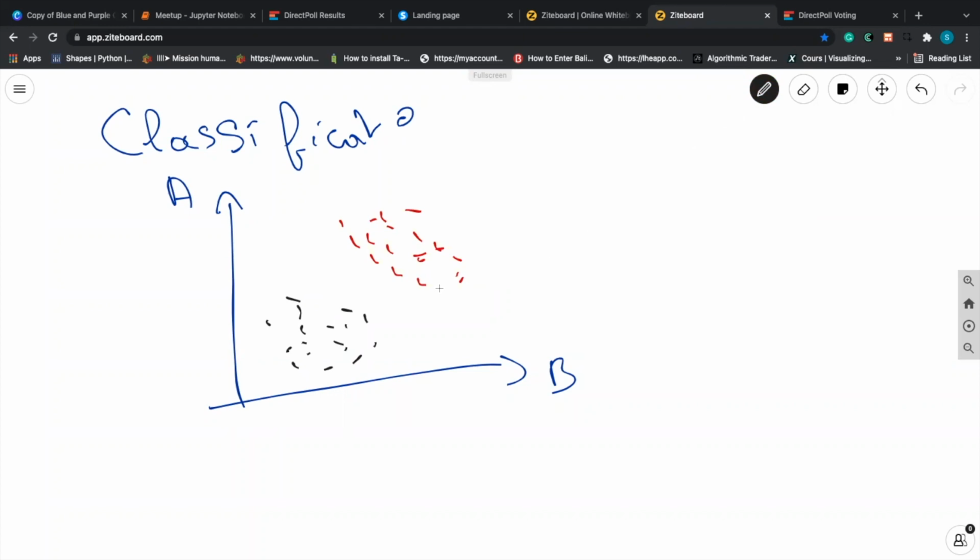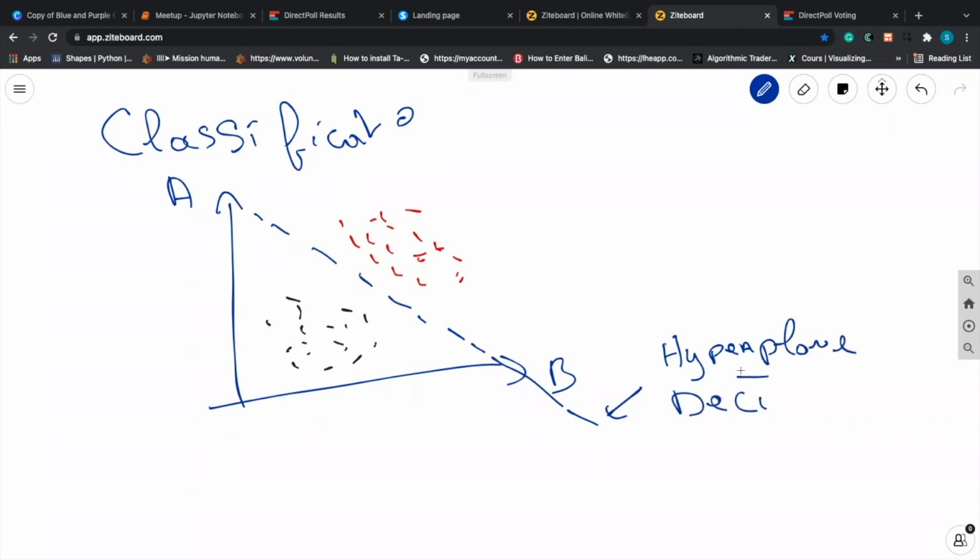How the classification algorithm is going to work, essentially, is that it is going to draw what we call a hyperplane, or a decision boundary. There are two ways of calling it: hyperplane or decision boundary.